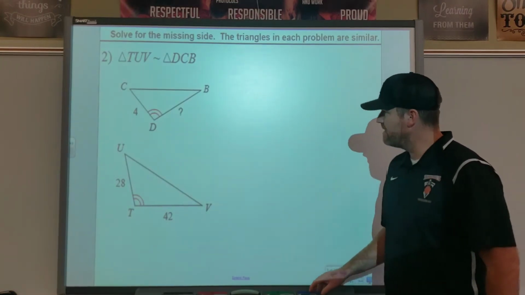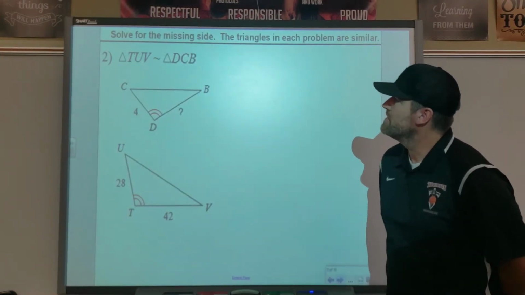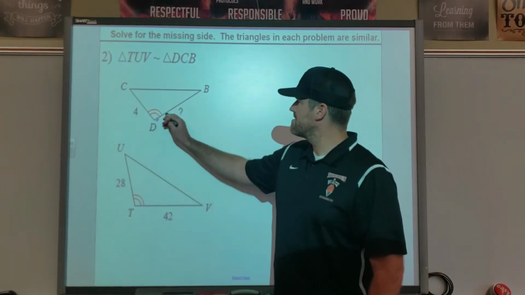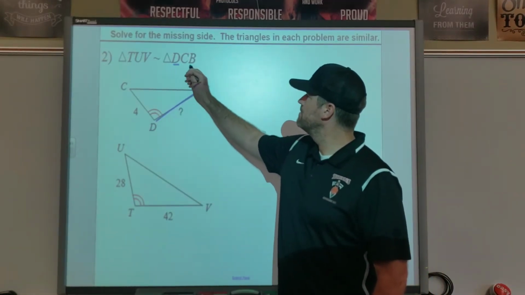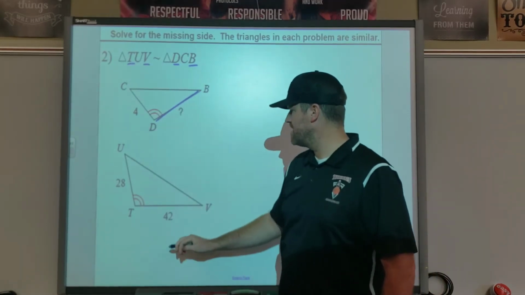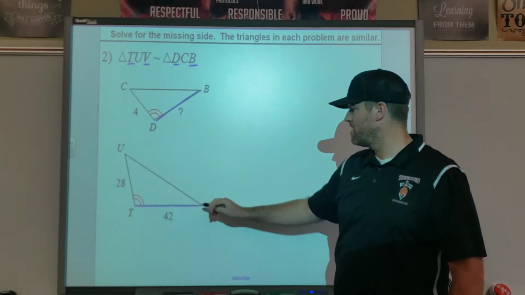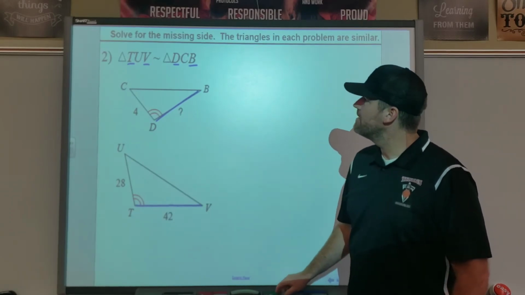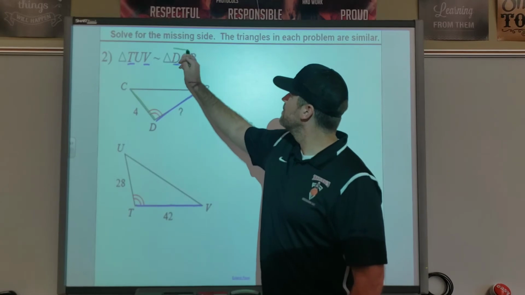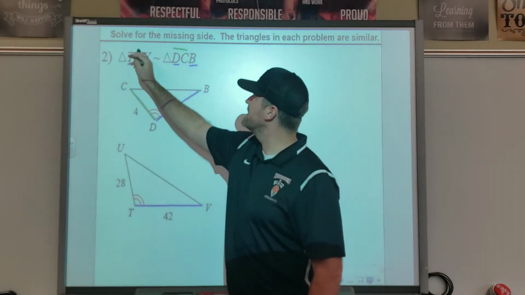Okay, so now we have triangle TUV is similar to triangle DCB. And I'm trying to find side DB, which I know will then have to go with side TV. So those are corresponding sides. And then I have side CD, which will have to go with UT.